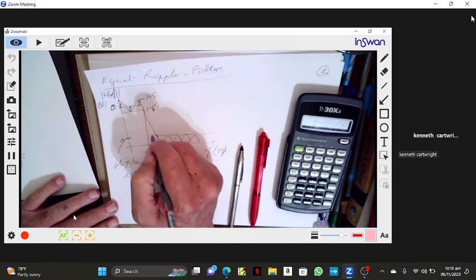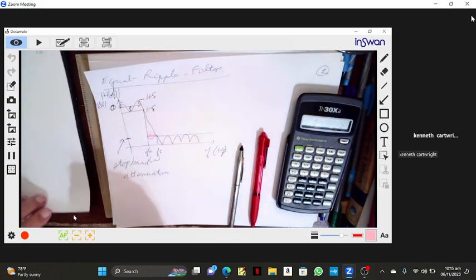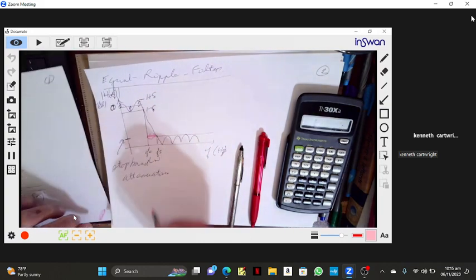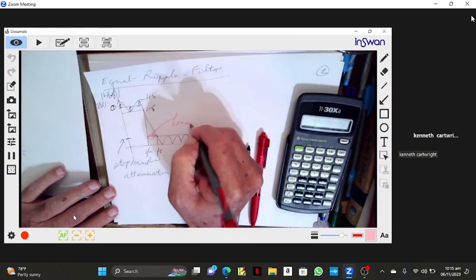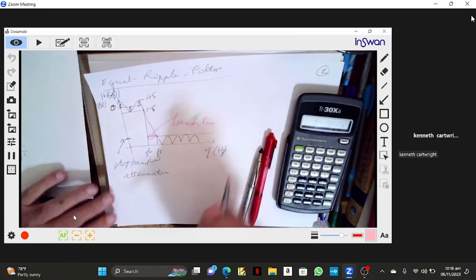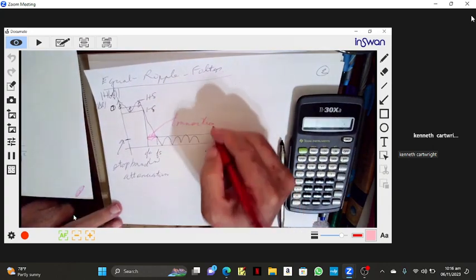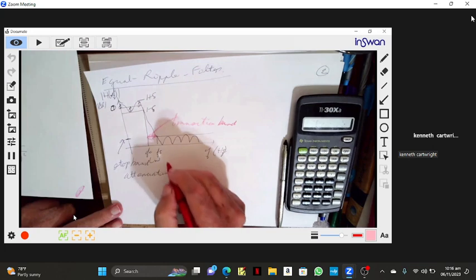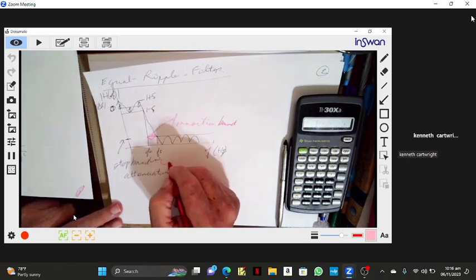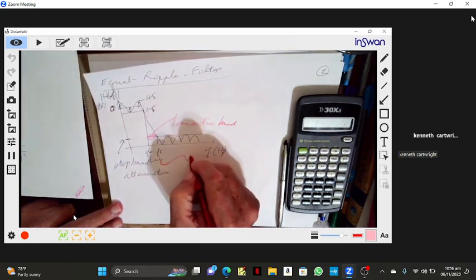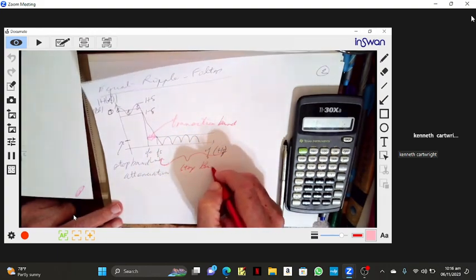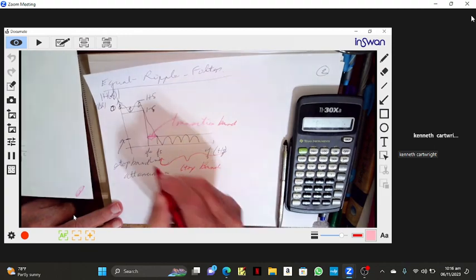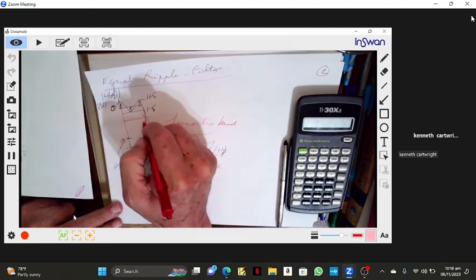This is called the transition band. Okay. And from Fs onwards, this is called a stop band. And this part here is called a pass band.